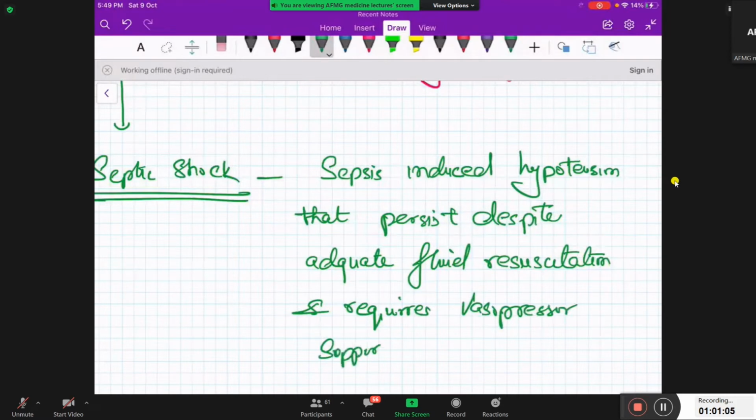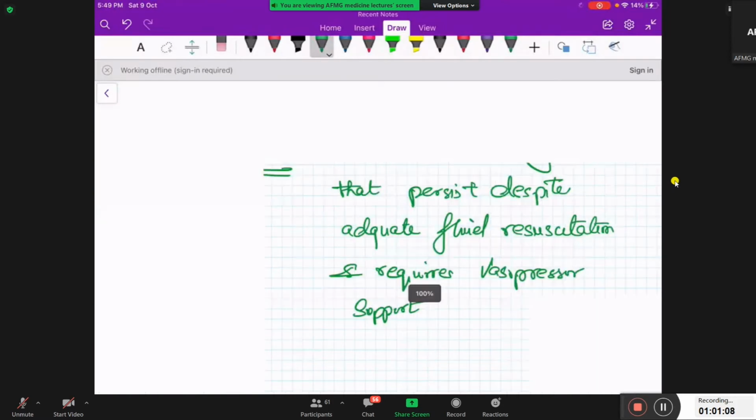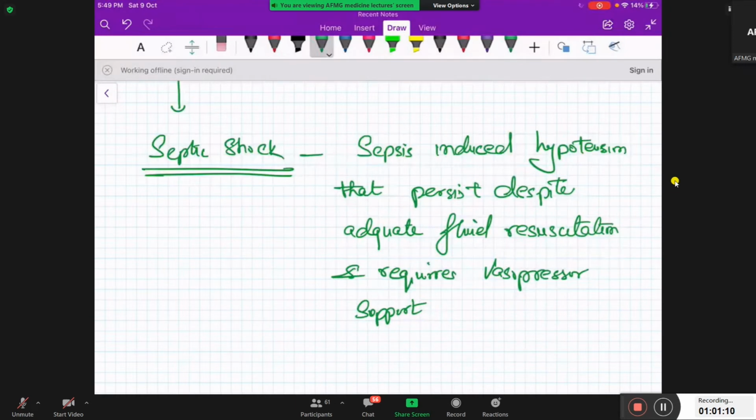And this is a very difficult stage once the patient is in, because after this, the patient develops multi-organ failure and the patient ultimately succumbs. So we should be very prompt in managing any infective foci present in the body.